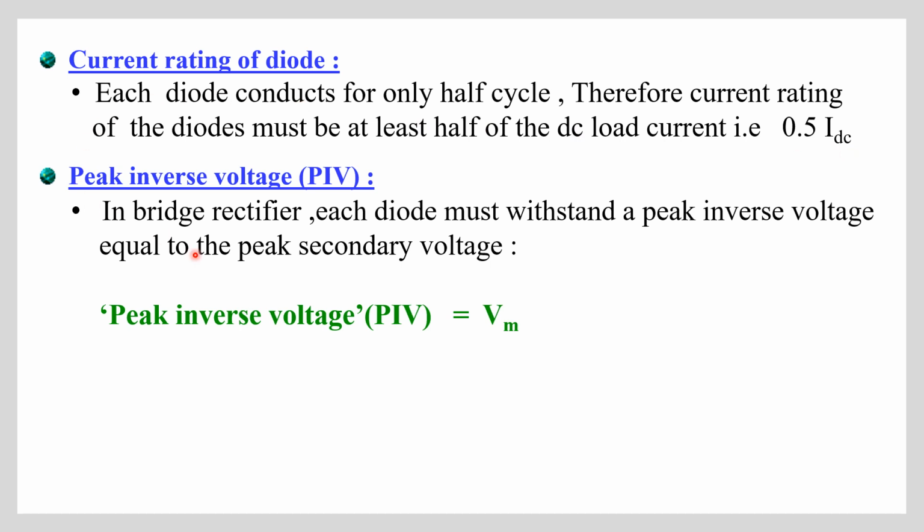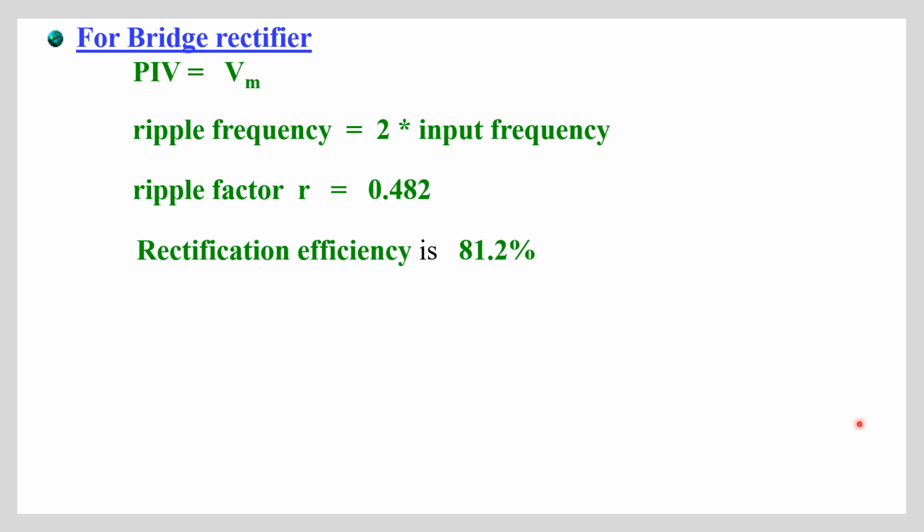Peak inverse voltage in the bridge rectifier: each diode must withstand a peak inverse voltage equal to the peak value of the secondary, so the peak inverse voltage equals Vm. Therefore, the PIV rating of the diode must be greater than Vm. For the bridge rectifier, the PIV is equal to Vm.